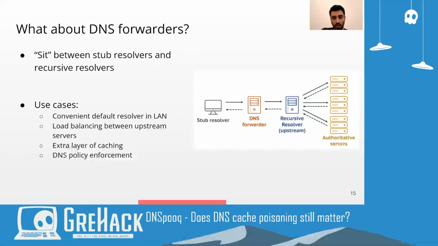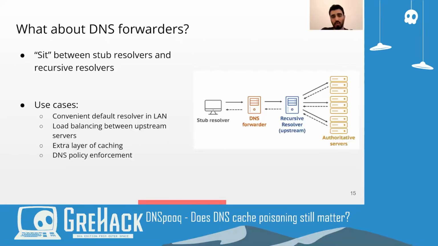This box, the DNS forwarder, sits between the stub resolver and the recursive resolver, and it functions similar to a proxy. So it gets a query from a stub resolver, and if it knows the answer from the cache, then it serves this query immediately.